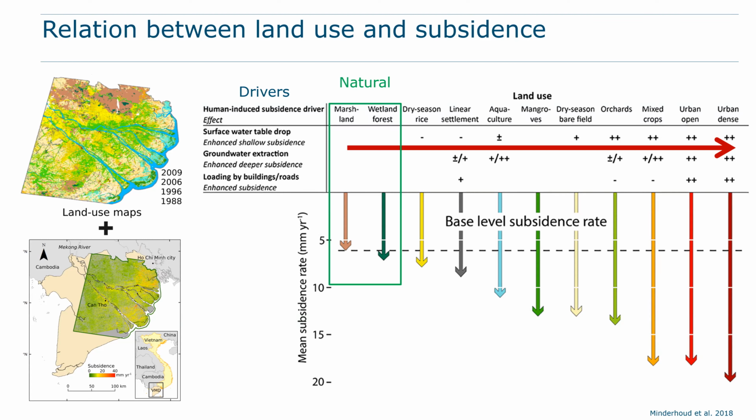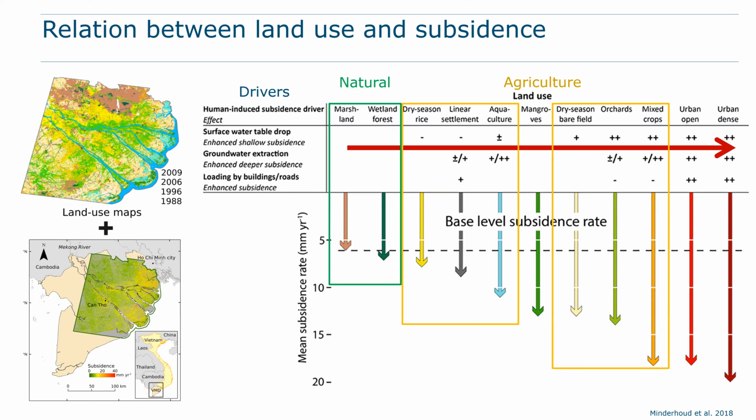Then we have agricultural classes which have a variation in the rates of land subsidence. And then we have the urban classes where there's a really high human impact and also high rates of land subsidence. Well, we see this outlier in this one.